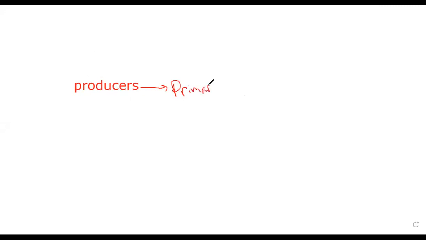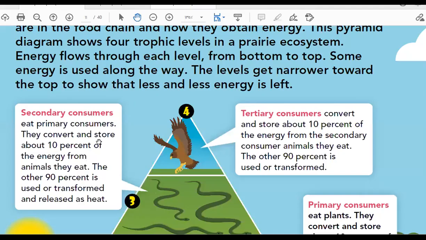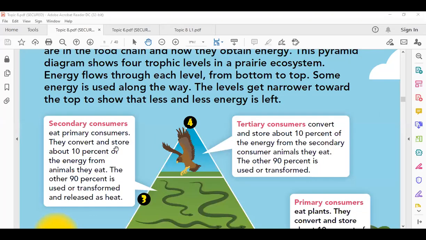The primary consumers are always herbivores, then secondary consumers, then tertiary consumers. Also, you can find food chains with more and more levels. At the end of the food chain, and at the end of the trophic levels, we have always animals that are seldom eaten by other animals. You can find lions here, for example.